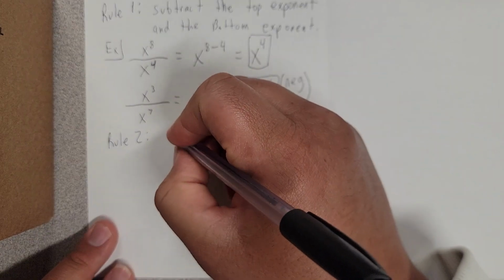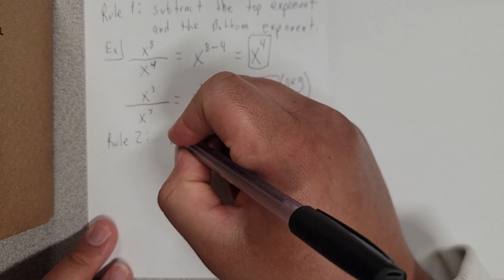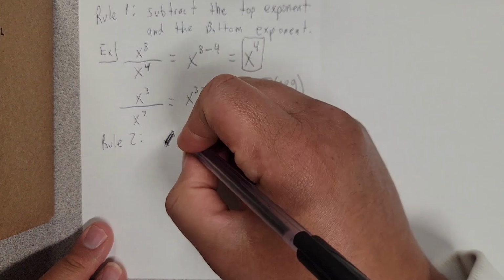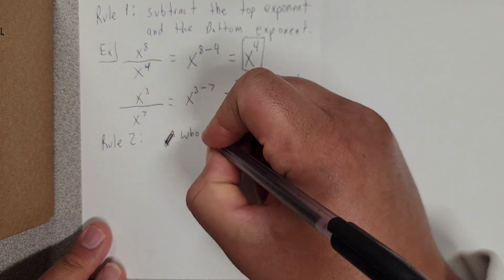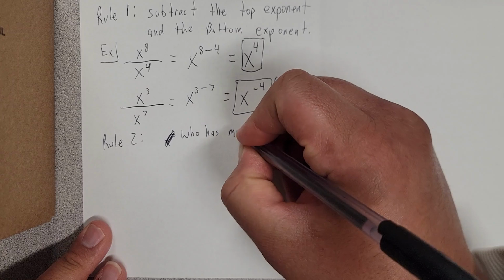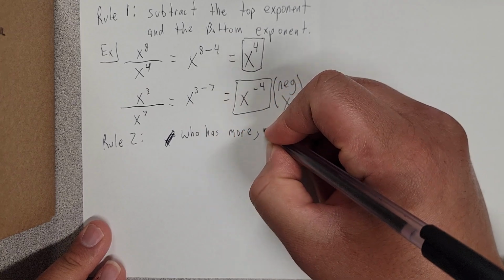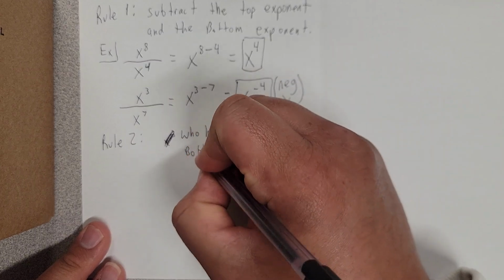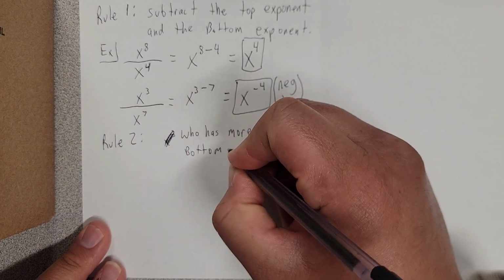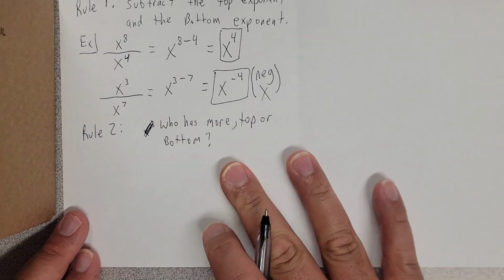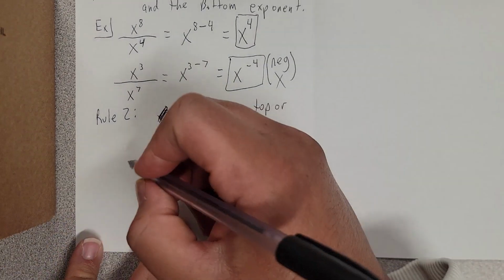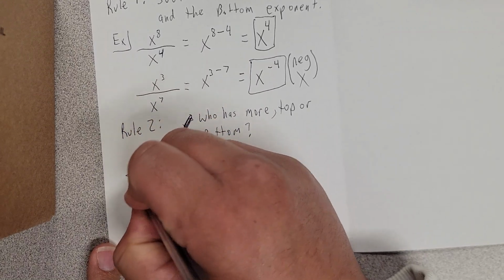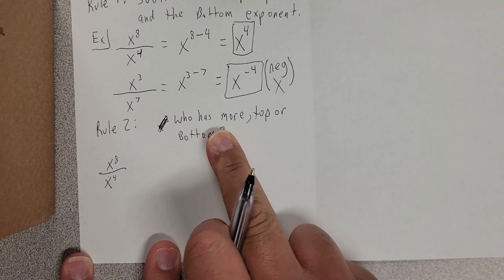Okay, so let's say we have x. Oh wait, sorry. Let me write the rule. Sorry about that. So for rule number 2, ask yourself who has more, top or bottom. Okay, so what I mean by that, let's go back to that other example. Alright, who has more, the top or the bottom?